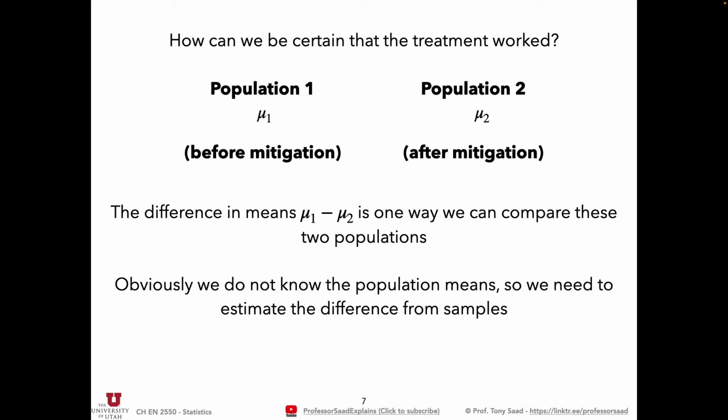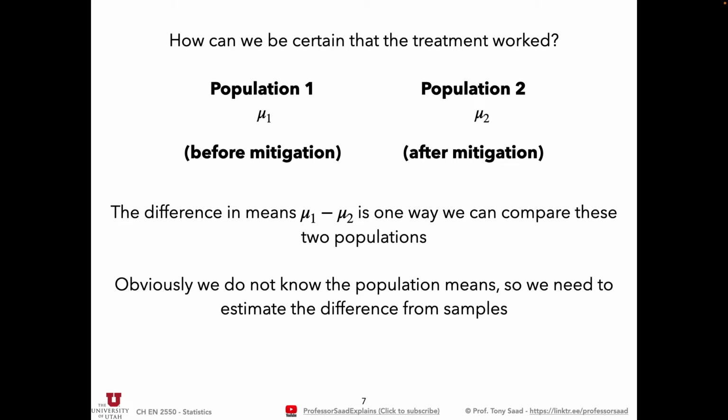That's the population of radon in my basement, as long as I own the house, or forever. What I've collected is actually just a sample for a few months, out of those many, many years and days and hours of the true population of radon in my house. So think of that as the population. It has a mean value of mu1, and the other population after mitigation has a mean value of mu2.